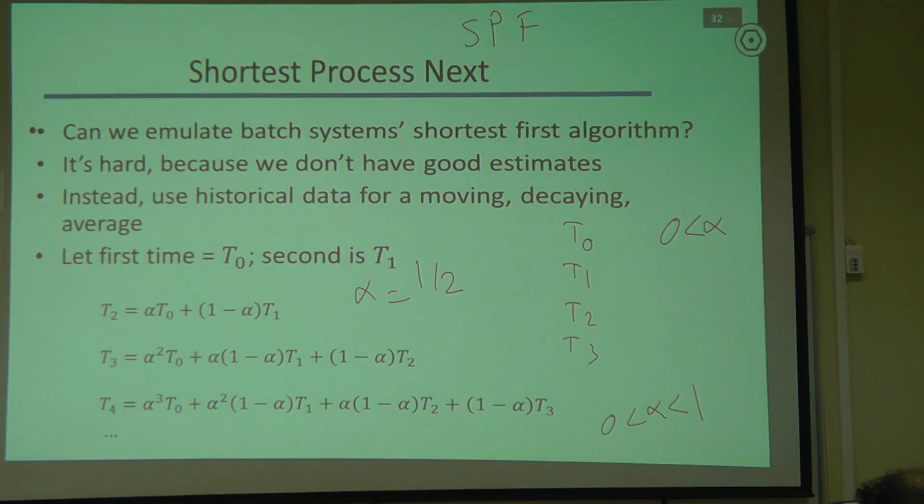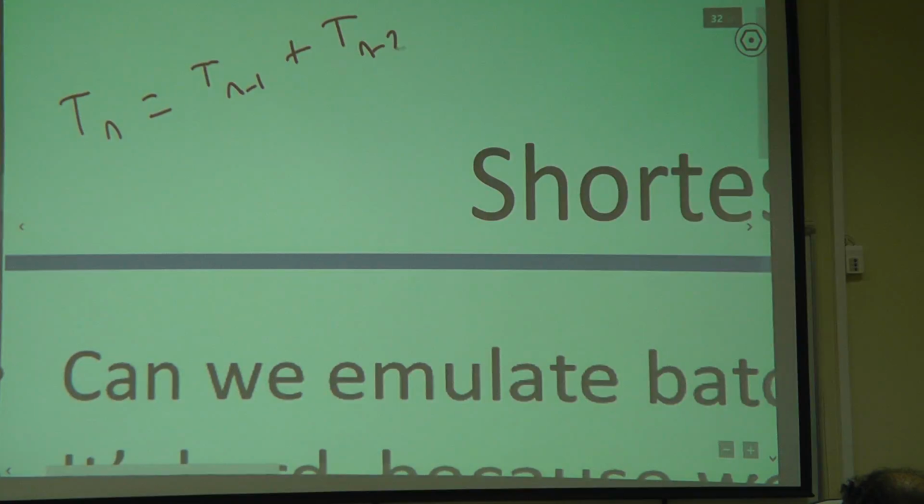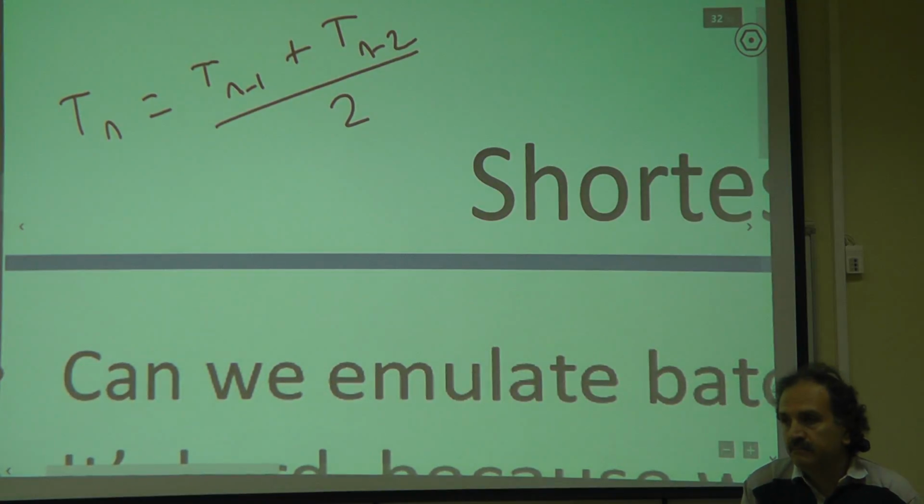To calculate Tn, all you do is add Tn minus 1 to Tn minus 2 and divide by 2. That's it.